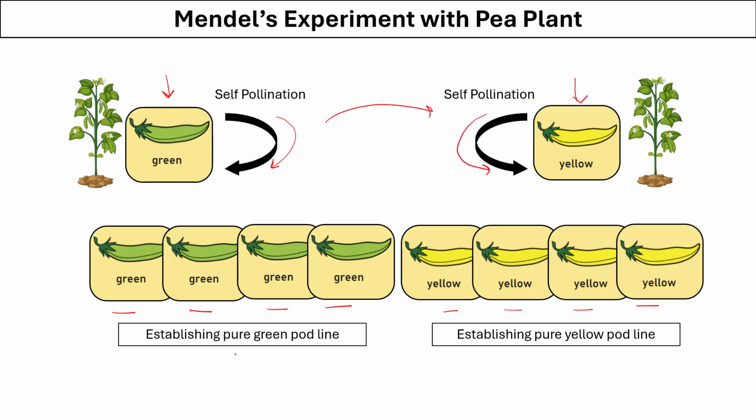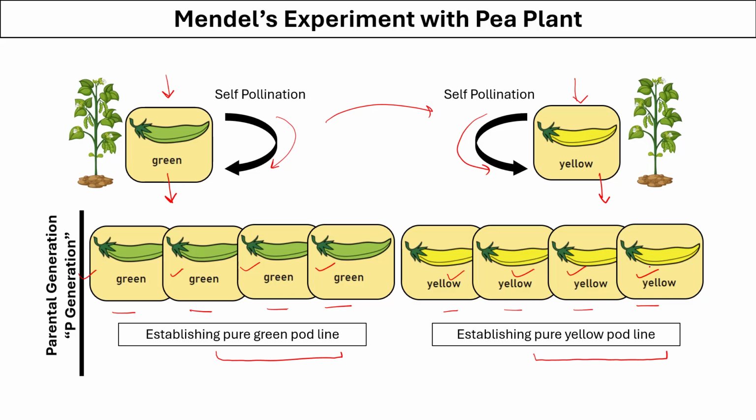So he called them pure green pod line or pure yellow pod line because they came from green parent or yellow parent and they all were either green only or yellow only. They did not have any mixed characters. So this is how he established his parental line.